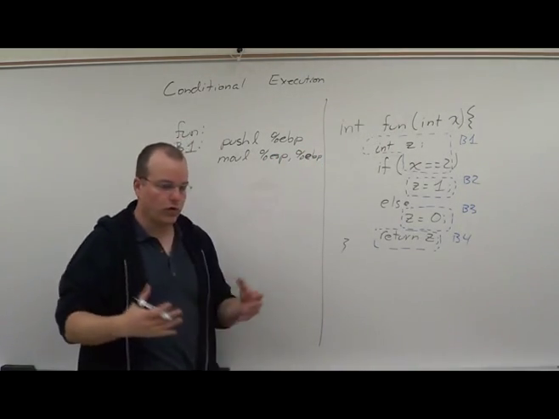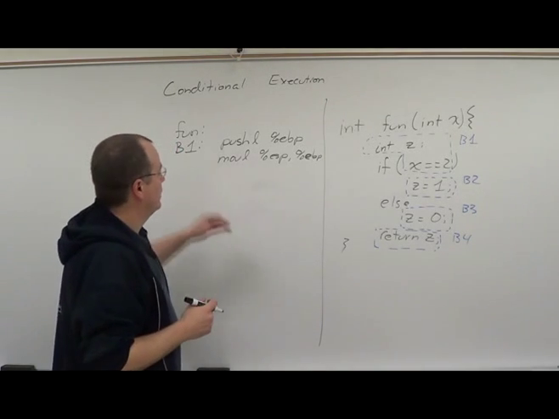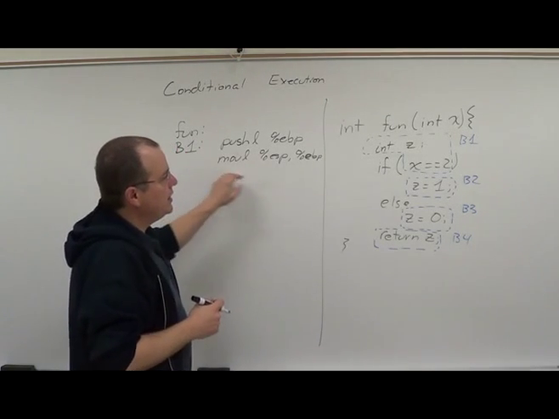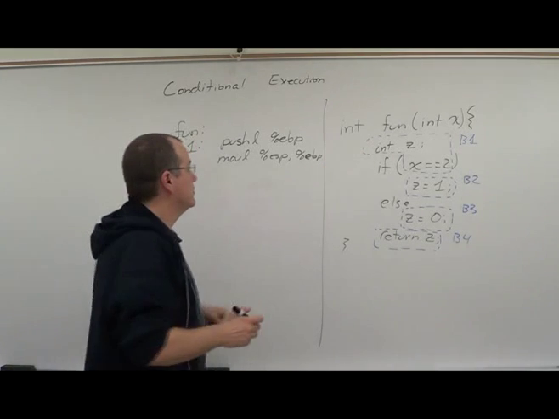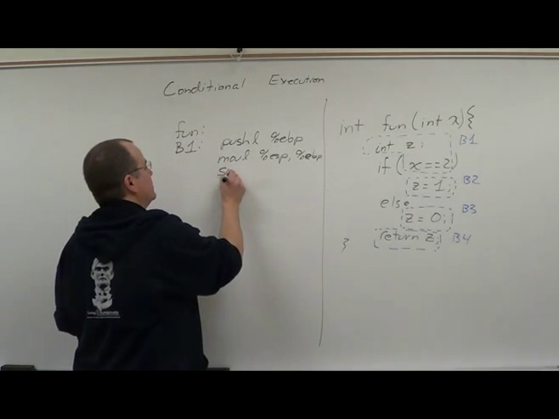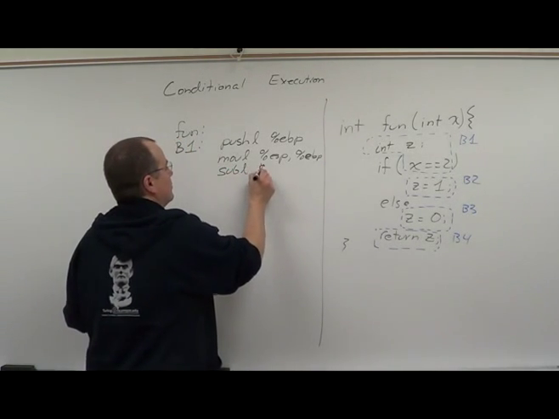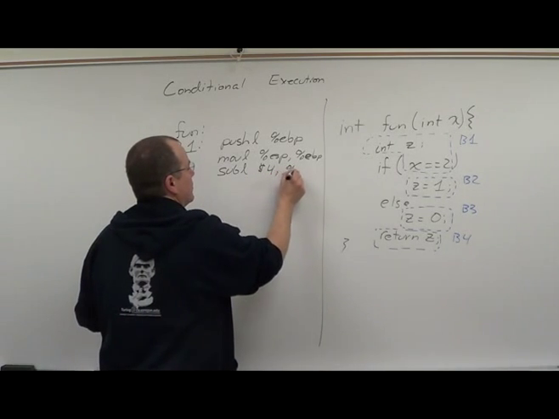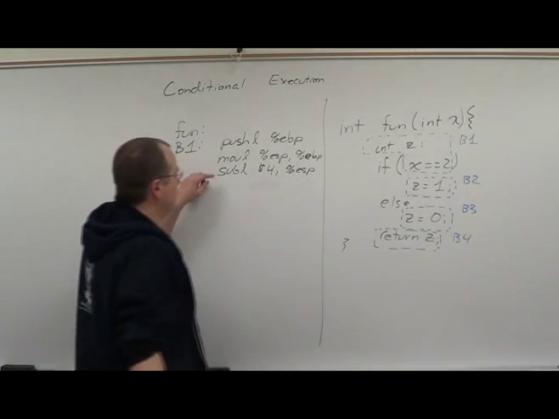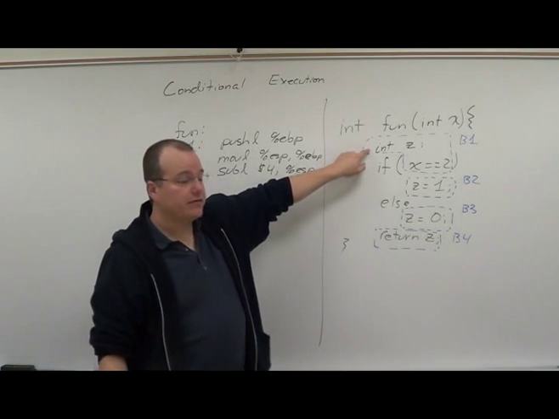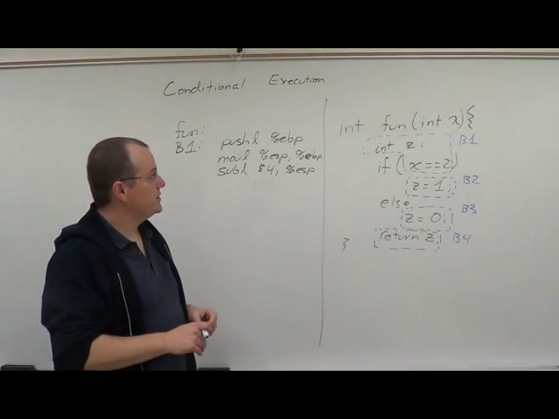This is just the normal function entry instructions. And now I need to make space for my local variable. This is where that subtract comes in. This subtract is actually making space for that int, or that int z.